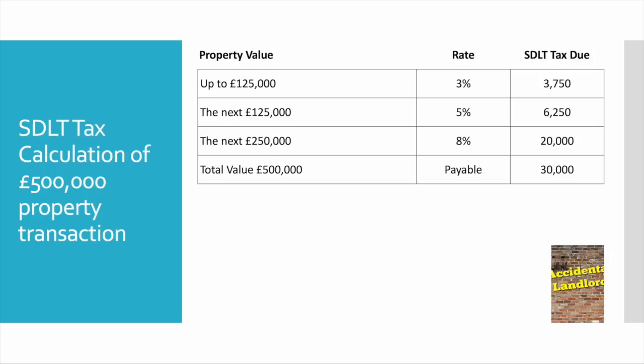The next would be 6,250. The final 250,000 would be taxed at 8% and would equate to £20,000, making the total stamp duty land tax payable on this transaction £30,000. Okay, so that was the basic premise of the argument this morning.